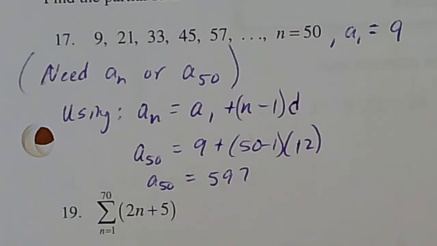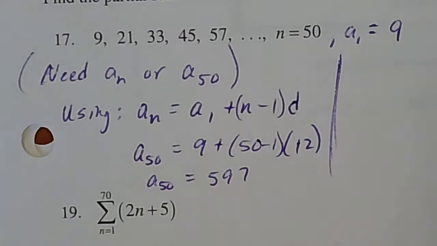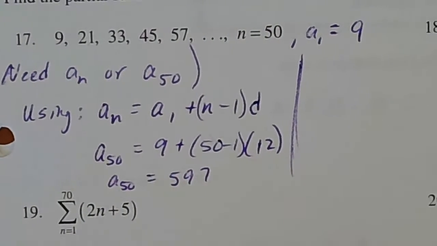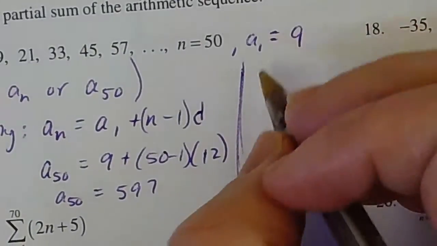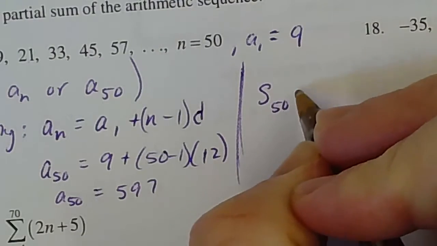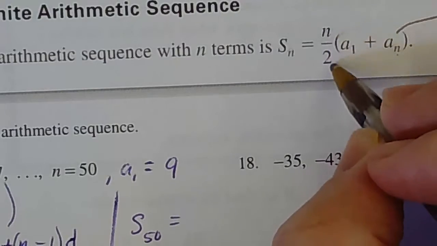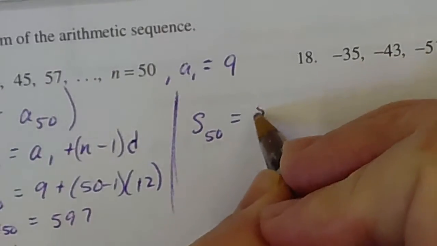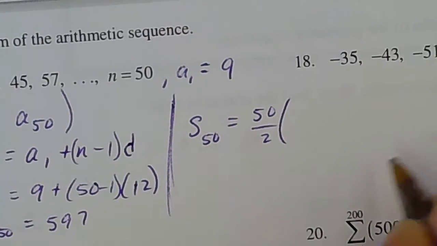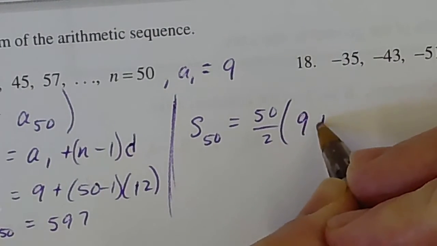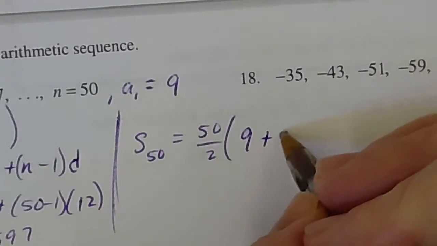Now I have everything I need to find the sum. I realize there are two separate steps. So S of n, so S of 50, equals n over 2, so 50 over 2, times the sum of A sub 1, which was 9, plus A sub n, which we needed to find first, and now we have it. It's 597.